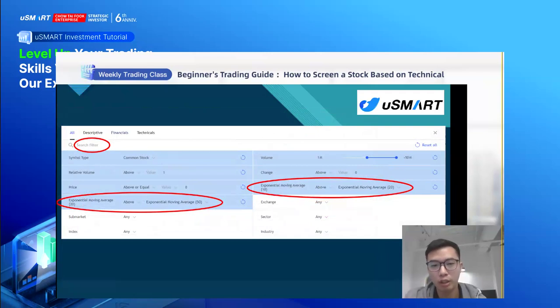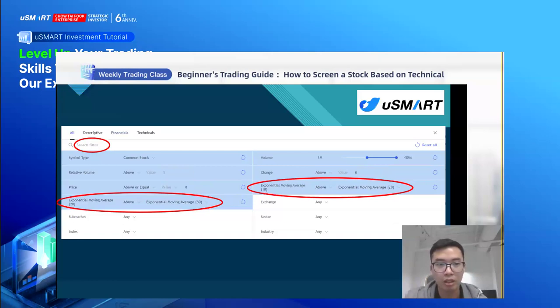I think everyone can change it. My settings will only filter out those with exponential moving average 10 above 20 and then above 50. I didn't filter the exponential moving average above 200 because I'm doing quite short to mid-term trades, usually using this moving average time frame.